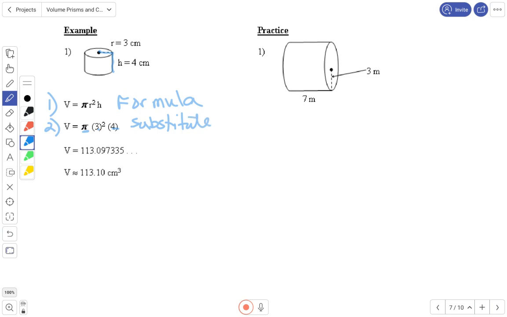So this is your substitution step. After we've substituted, now this is when you can type this in the calculator. Now you can put this whole entire thing in your calculator. Just make sure that you are including parentheses and you're typing it in just like this. So step 3, you're going to calculate.